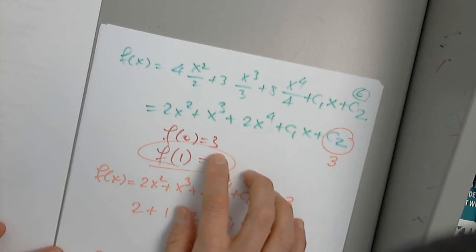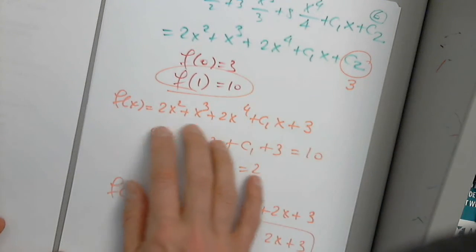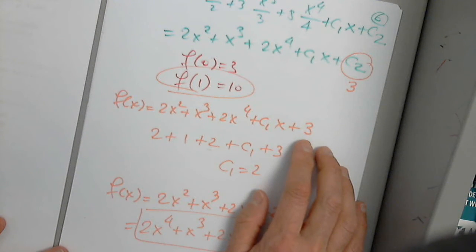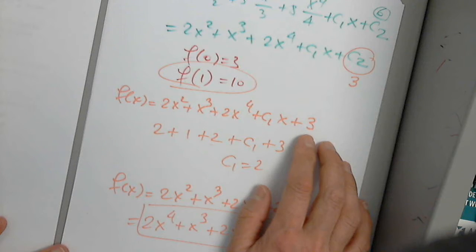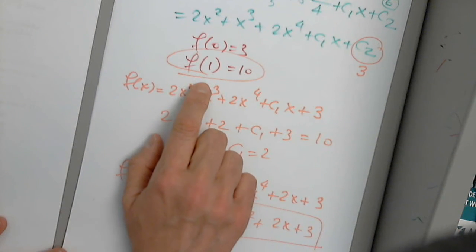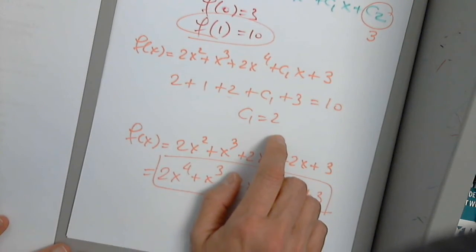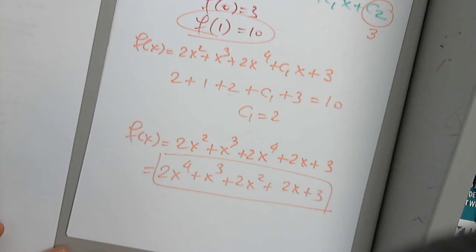Once you plug in the first one, you get c2. Then you rewrite everything with c2 replaced, and then you use the second condition to get c1. If you use the second condition first, you're still going to have two variables in the function. Is that clear? Yeah.